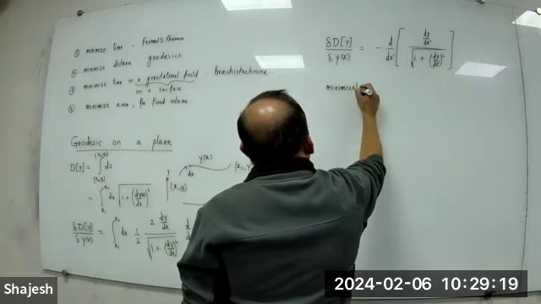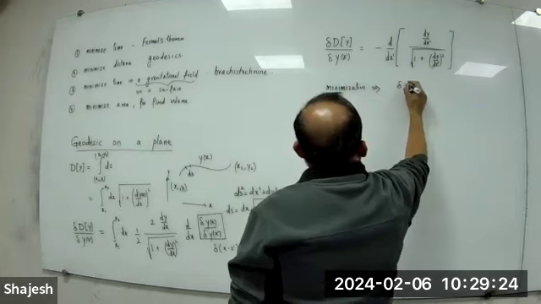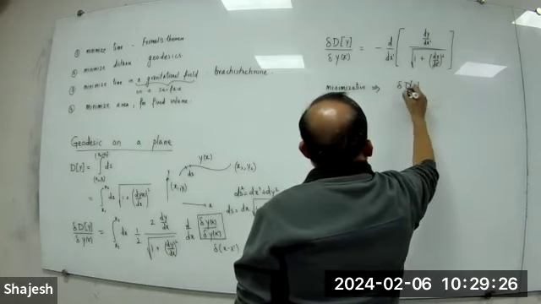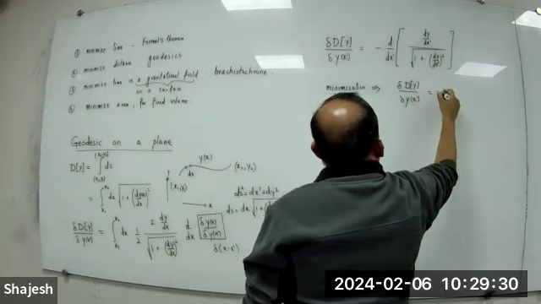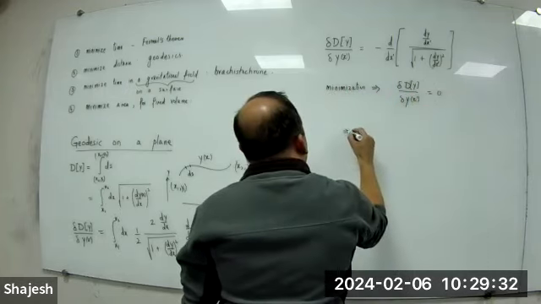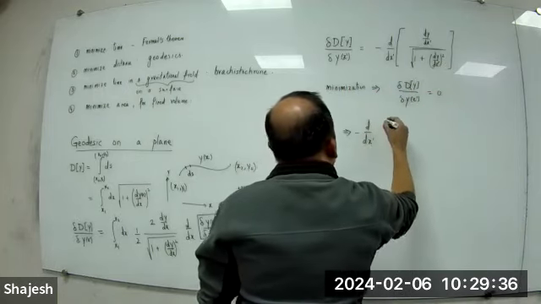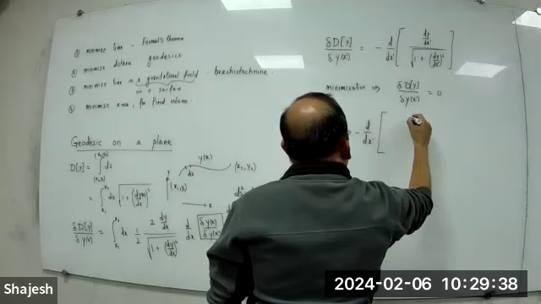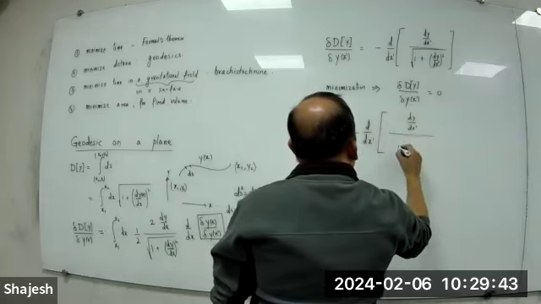Minimization implies this is equal to 0. That implies that d by dx prime, can put negative also, of this quantity is 0.